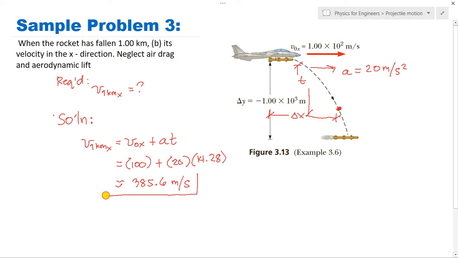So ito na yung velocity natin on the x direction. So take note, class, ha. Time is the only parameter that we can link between two motions, the vertical and the horizontal motion. So let's jump to the final requirements for this problem.